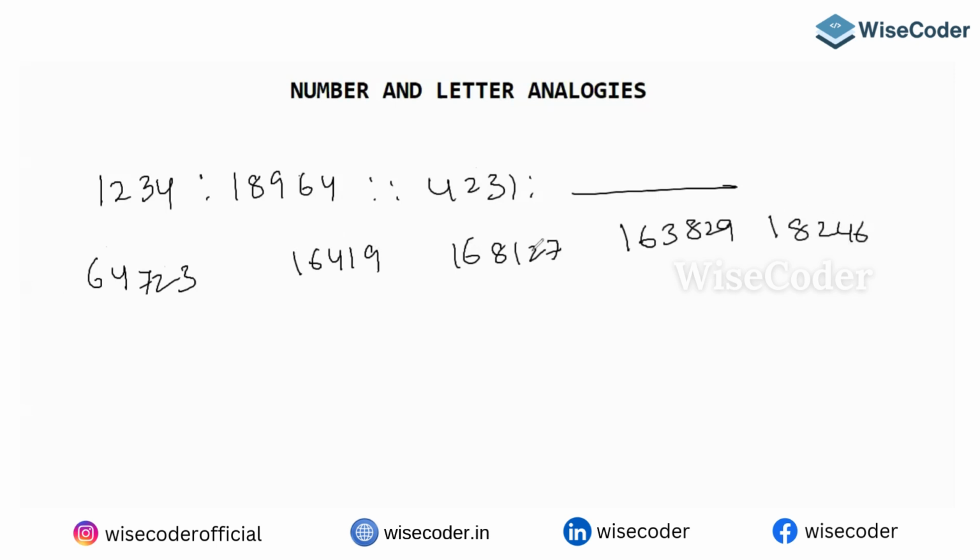Guys, when the numbers are in a strange kind of situation, don't panic. Look here, 1 2 3 4. You don't know how much you need to add, how much you need to multiply.